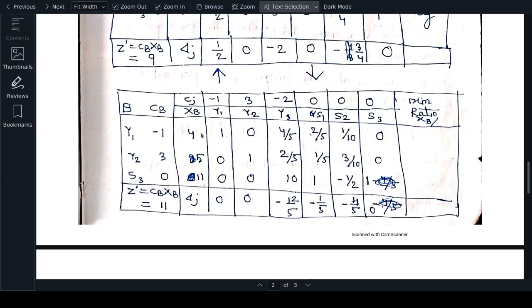Because all the values are negative or 0, so delta j values are less than or equal to zero. That's why. Yes, all delta j less than or equal to 0. Okay, is this clear?